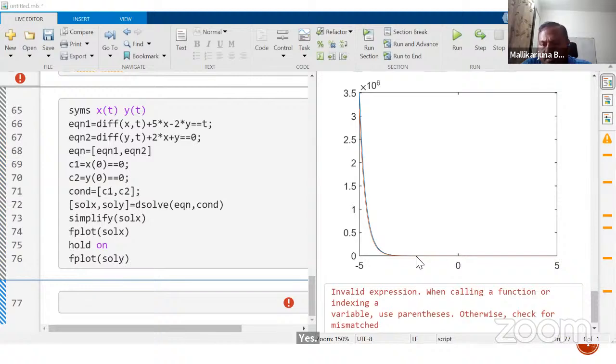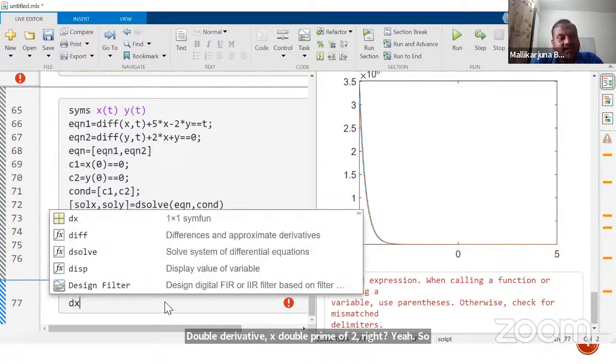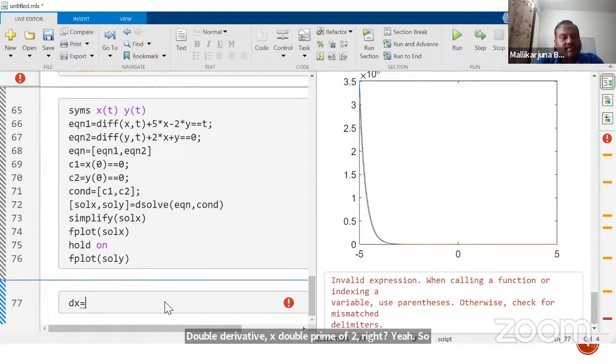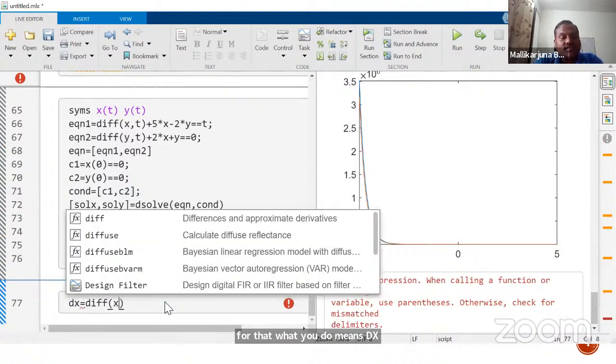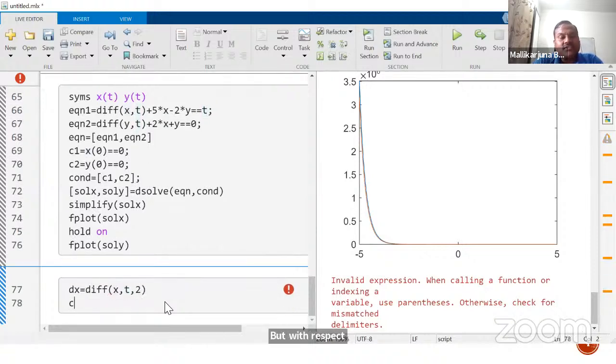And someone is asking about the double derivative, x double prime of 2, right? Yeah. So for that, first differentiate x with respect to t, but with respect to 2. Then the condition dx of 2 double equals to 1.